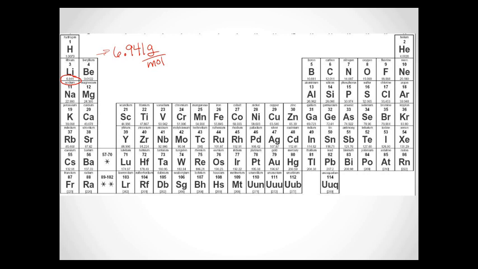In comparison, if we were to look at chromium, there would be 51.996 grams per mole. So with the same number of molecules, both being 6.022 times 10 to the 23rd, we can see that chromium is a much more dense molecule. There are a lot more protons and neutrons in this molecule, so it is a lot heavier. That is where we find our average atomic mass. And again, these numbers are decimals because there are isotopes with different percent abundances.